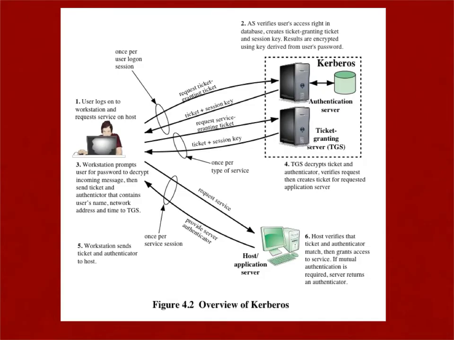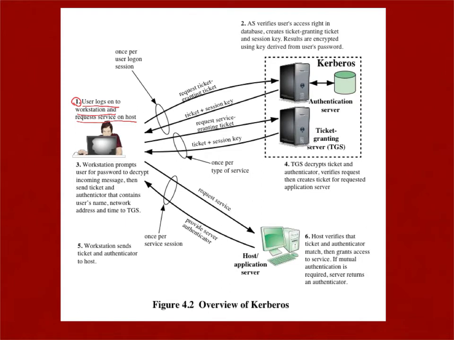So what is the architecture? This is the overall architecture for Kerberos. First, in step 1, the user logs on to the workstation and requests service on this host. When you log in locally, you can present your password locally, right?